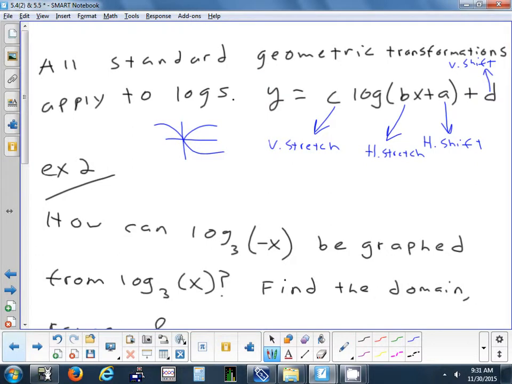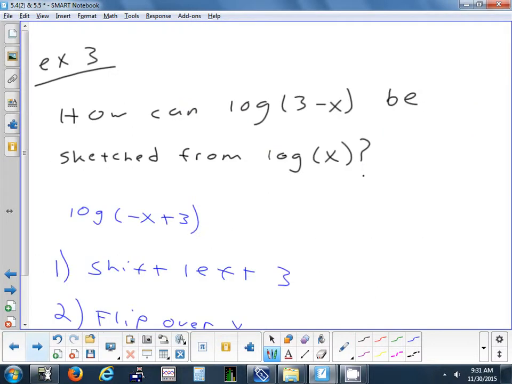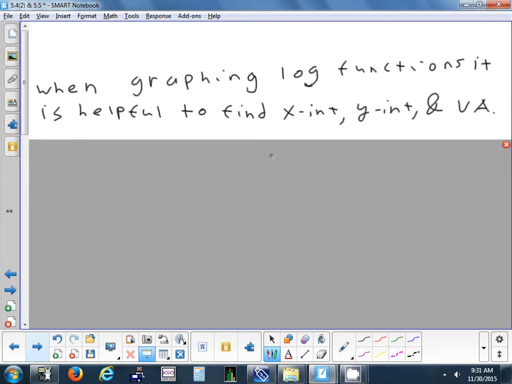We've done them so much, I'm not going to go through one of every type. So in general, when we want to sketch our log functions, if we can find where it crosses the axes and find the vertical asymptote, that's pretty much all we need. Sometimes we don't have a y-intercept.